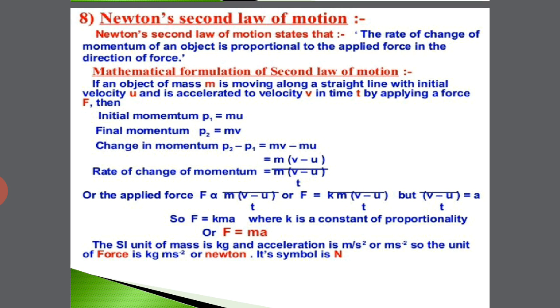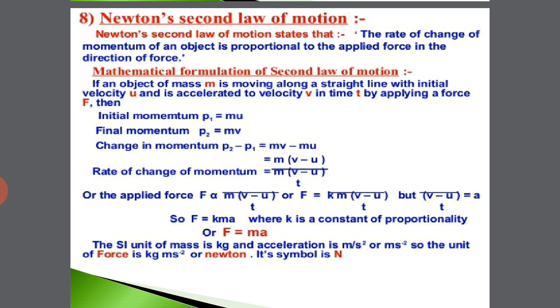If an object of mass m is moving along a straight line with initial velocity u and is accelerated to velocity v in time t by applying a force F, then initial momentum P1 is equal to mu, final momentum P2 is equal to mv, change in momentum P2 minus P1 is equal to m, taken out common, v minus u. Rate of change of momentum is m into v minus u upon t.